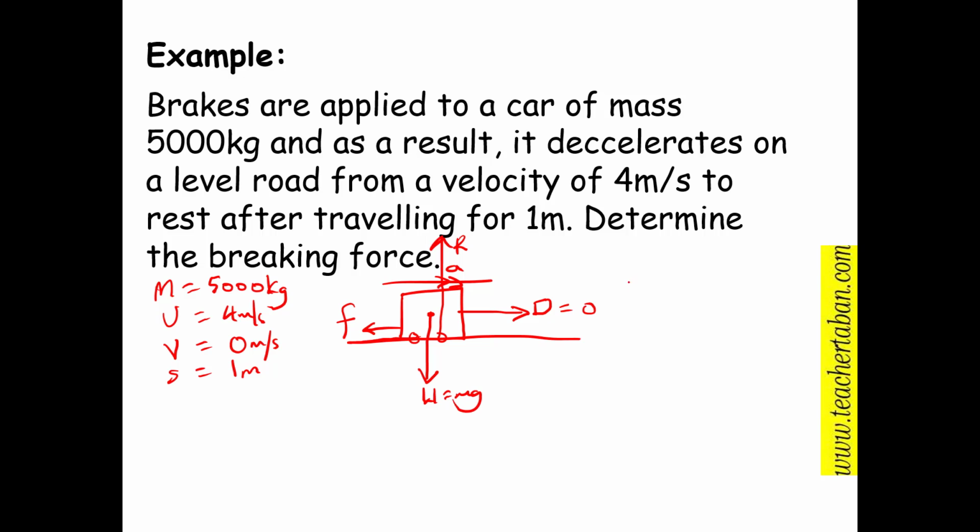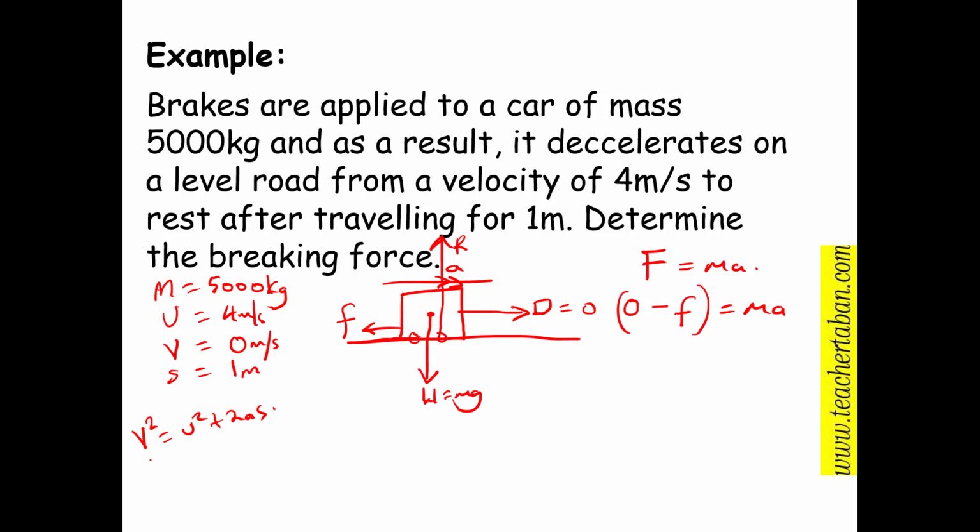So using the equation from the second law of motion, our resultant force F equals ma, we can say that the resultant force in this case is 0 minus the backward force, which is F. Everything is equal to ma. We have the mass, we don't have the acceleration, but we can get the acceleration from the third equation of motion: v squared is equal to u squared plus 2as.